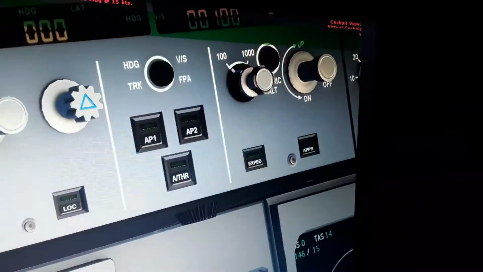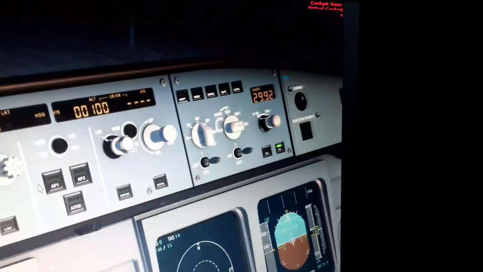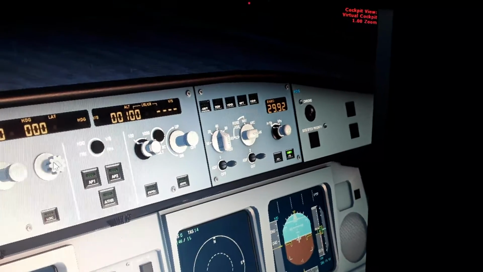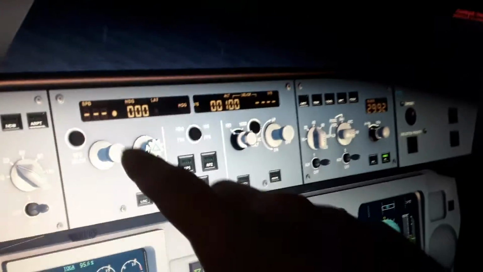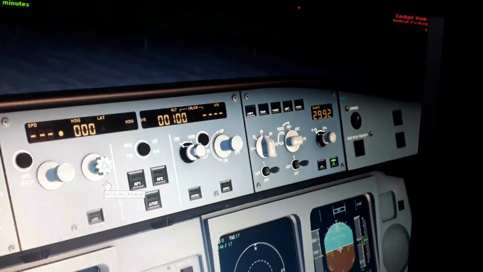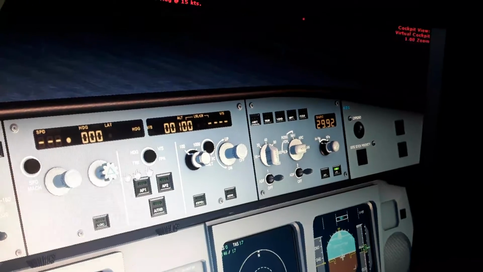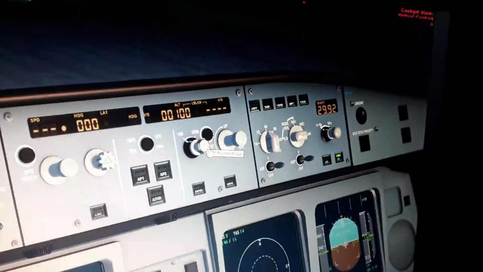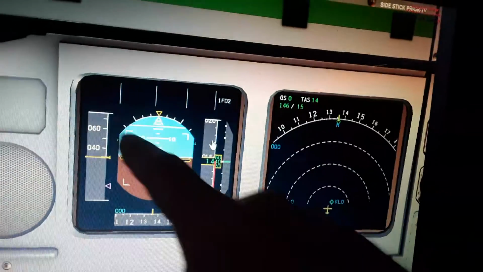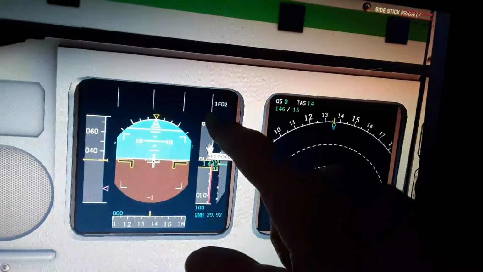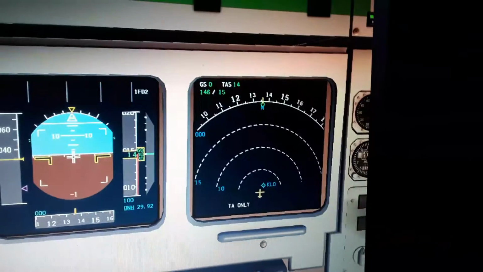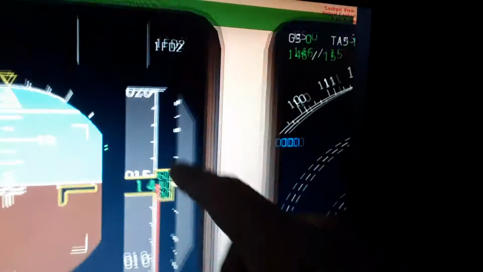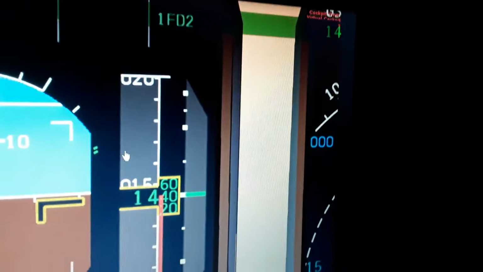You can see other modes here. If I press these buttons in, the airspeed is managed by the flight management computer, and the heading is managed by the flight management computer. So it will be displayed here in the flight mode annunciator. We also have the flight director displays and the vertical rate of climb or descent in feet per minute.